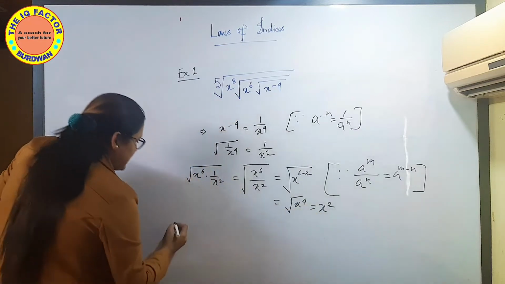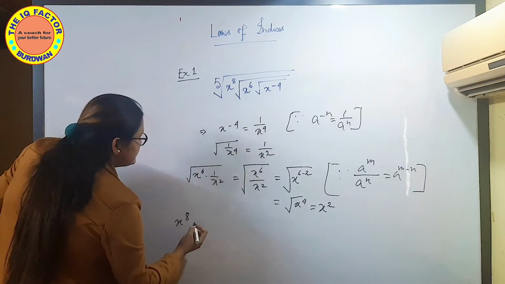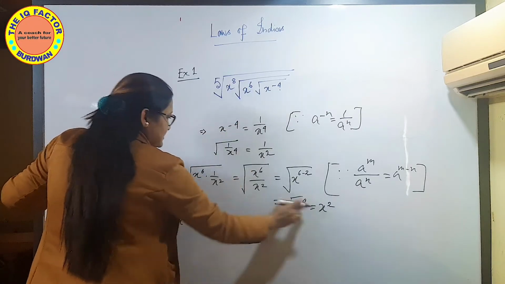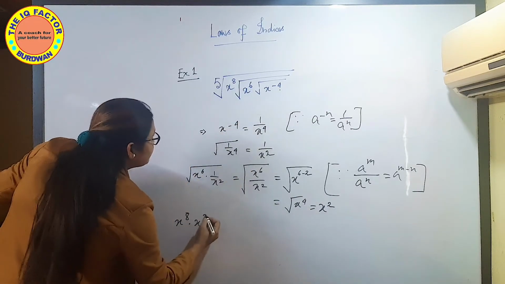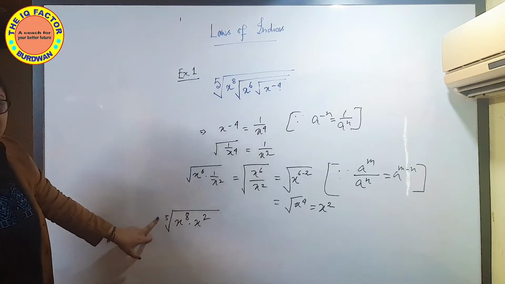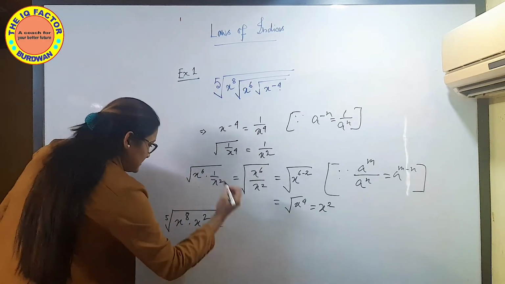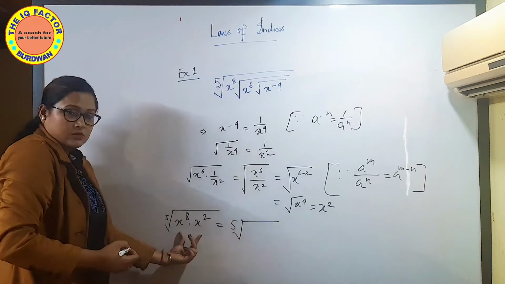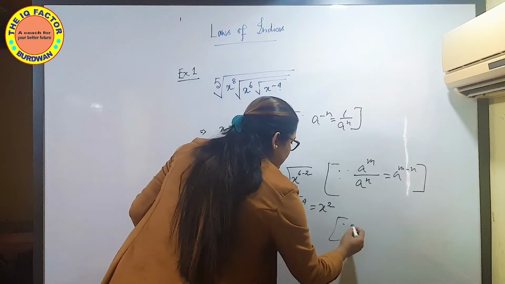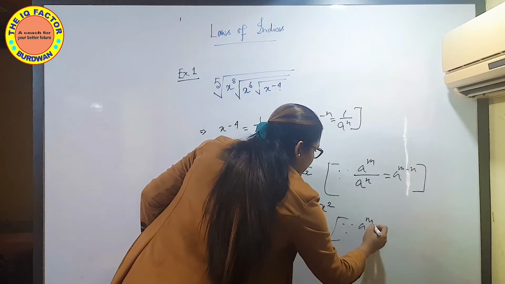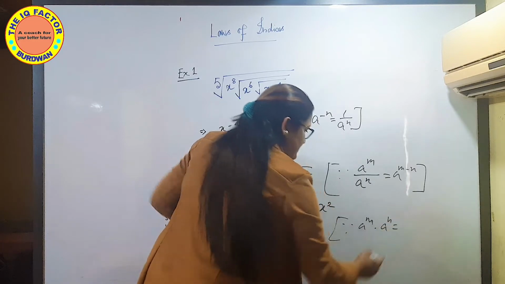Now, x to the power 8, into the square root of this, which means x square. From the laws of indices, a to the power m into a to the power n is equal to what?